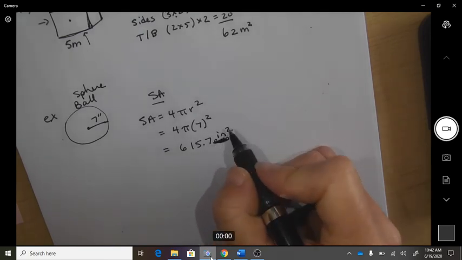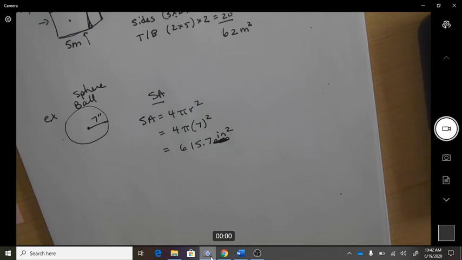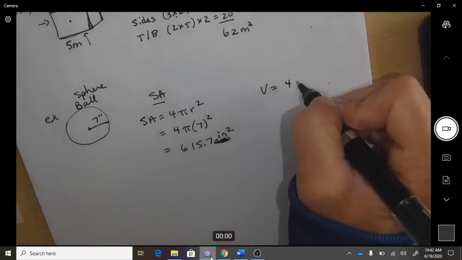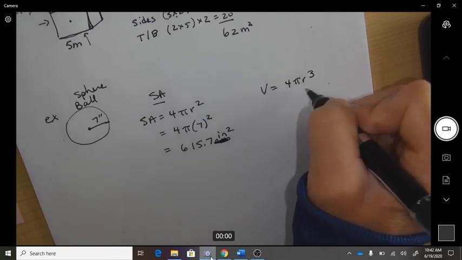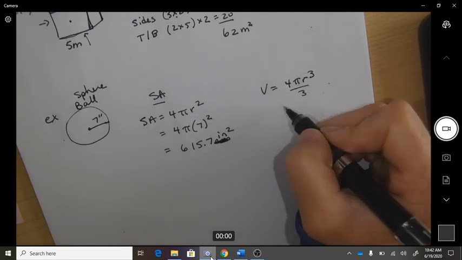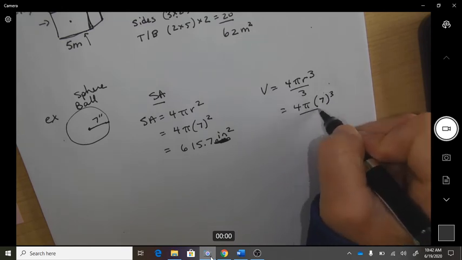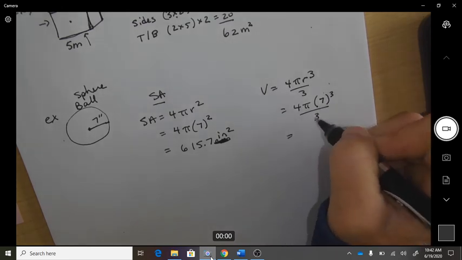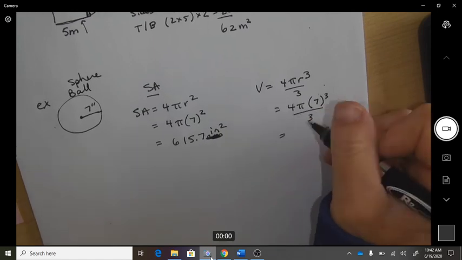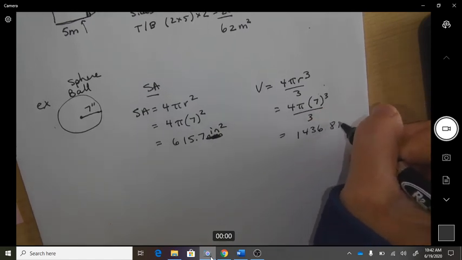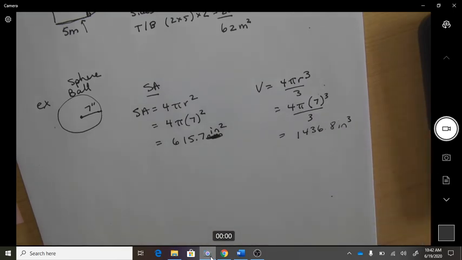That's in square inches. And then for volume, the formula is 4 pi r cubed divided by 3. So 4 pi, and then fill in your r. Type straight into your calculator, practice and see if you match the same answer, and that would be in cubic inches.